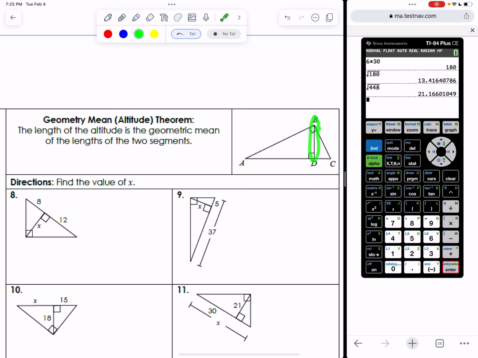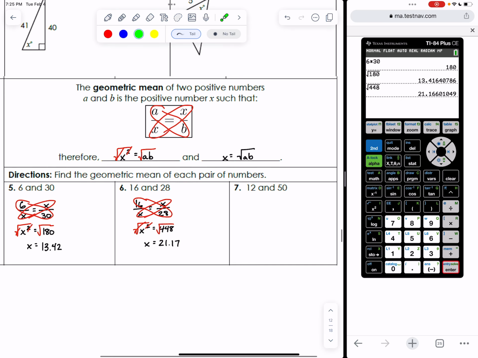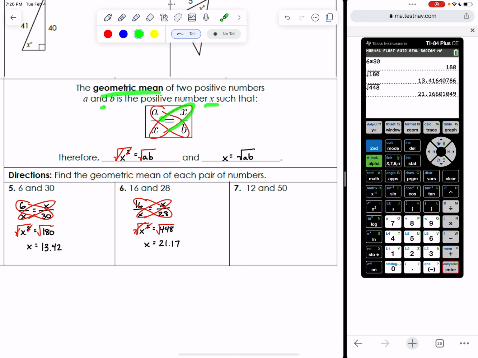So our theorem states that the length of the altitude is the geometric mean of the lengths of the two segments. So the altitude is the geometric mean. Well, up here we were saying x was the geometric mean, and so we set up our formula with x in the top and x in the bottom, and then we had a positive number a and a positive number b.